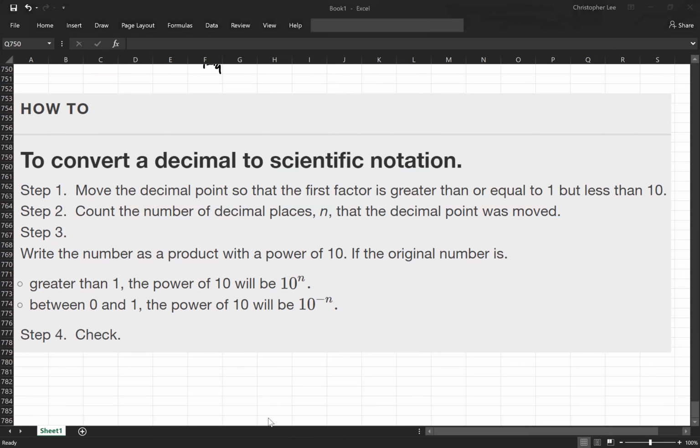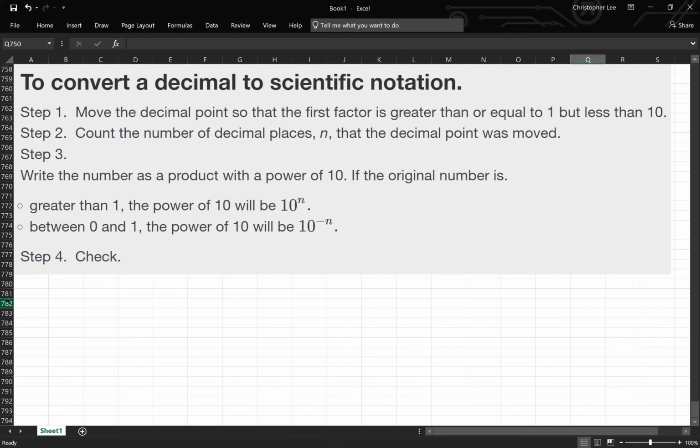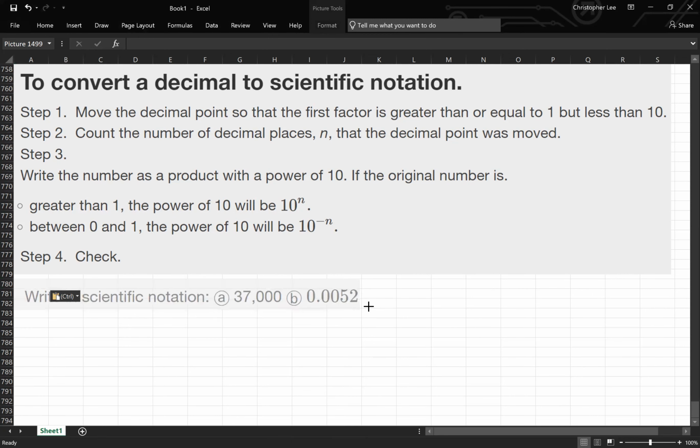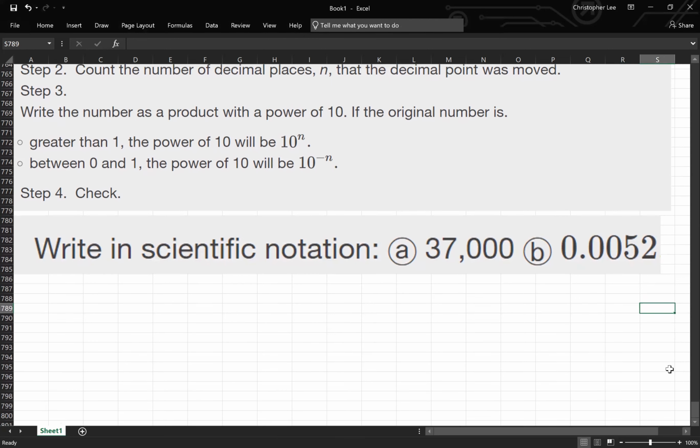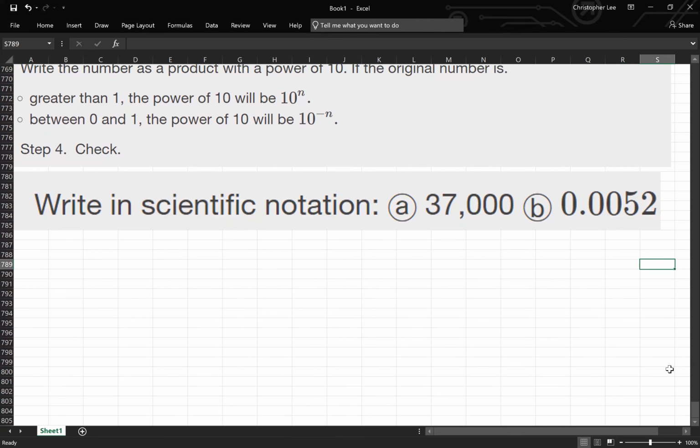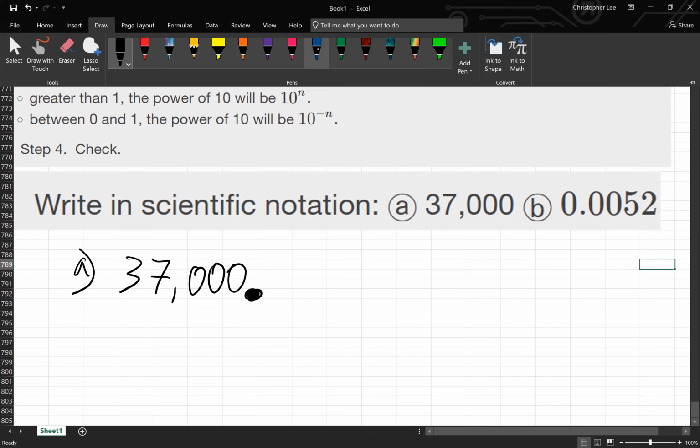Let's take a look. I'm going to start off real nice and simple. So I got 37,000 for A. Let's pretend I have a decimal point right here, and I want to write this in scientific notation.